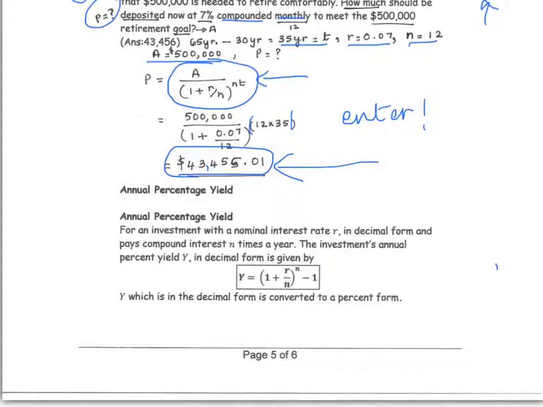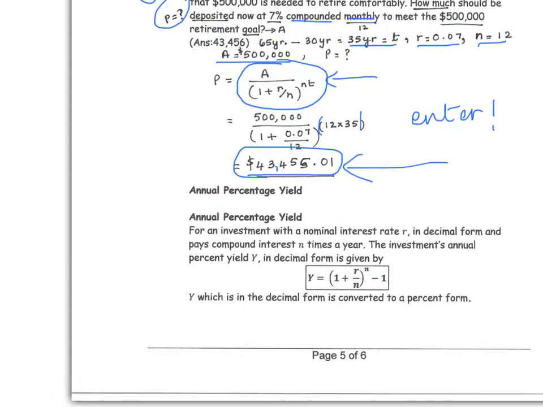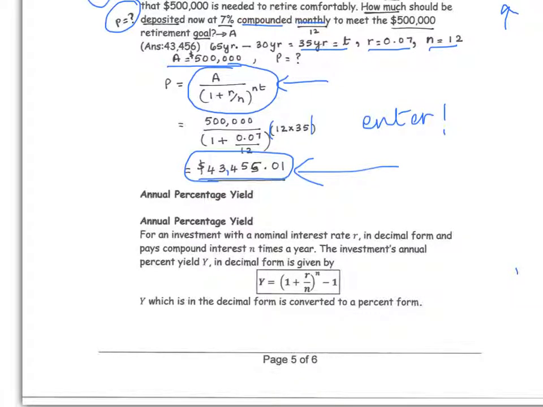Now suppose an investment is compounded n times a year, and it has a nominal interest rate of R. R is always in decimal form. So we need to figure out the yield percent. What is the yield percent?